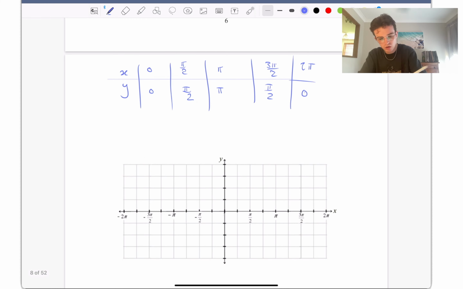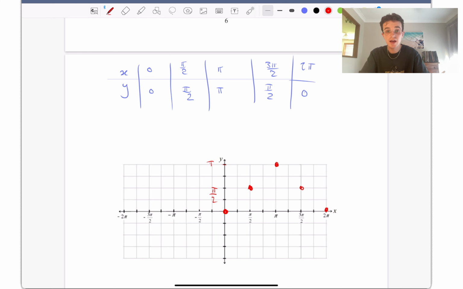Let's graph those critical points: 0, 0; pi on 2, pi on 2; pi, pi; 3 pi on 2, pi on 2; and 2 pi, 0.